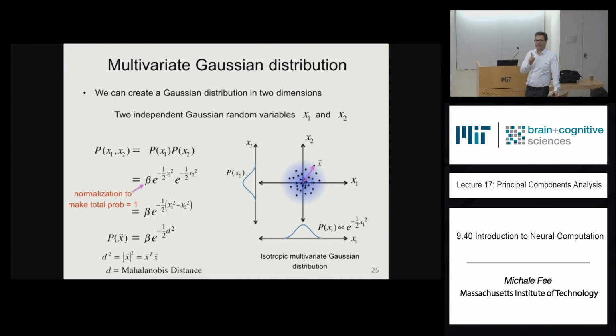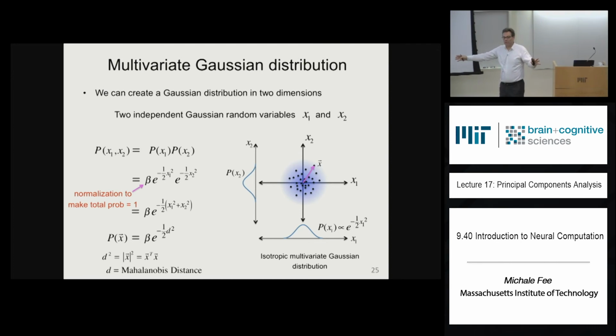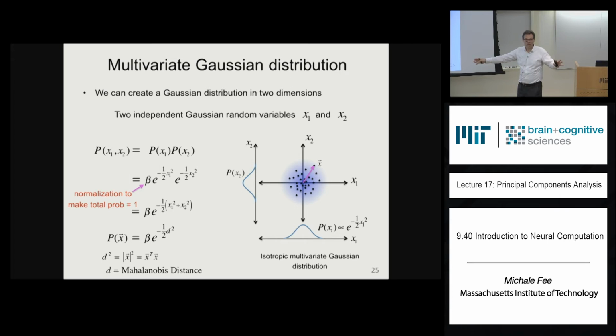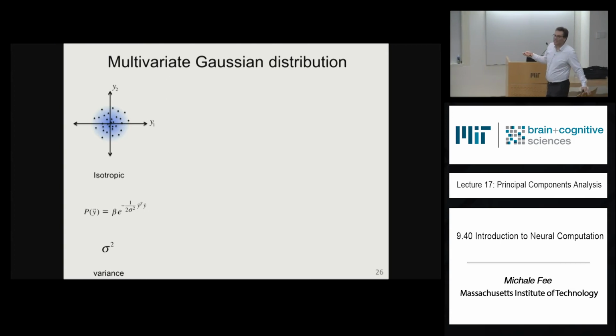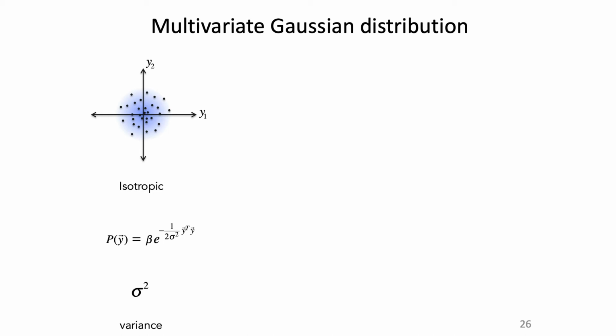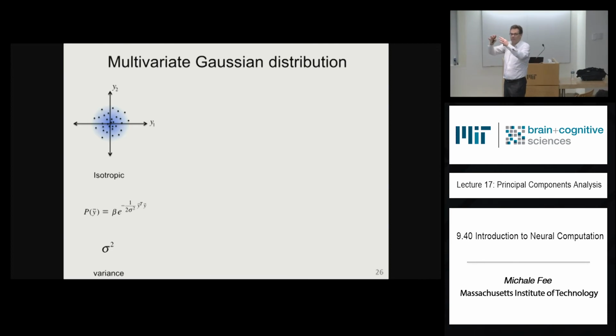It's an isotropic multivariate Gaussian distribution of unit variance. And what we're going to do now is build up all possible Gaussian distributions from this distribution by simply doing matrix transformations. We're going to start by taking that unit variance Gaussian distribution and build an isotropic Gaussian distribution that has an arbitrary variance, that means an arbitrary width.